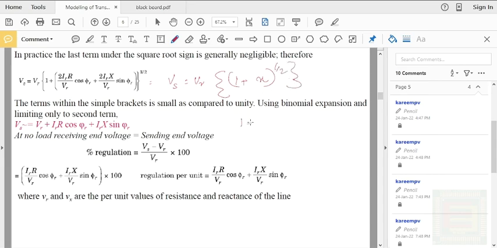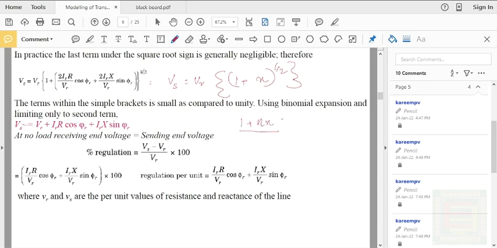It will be 1 plus nx plus n into n minus 1 by 1 into 2 x square, and it's an infinite series. So if you consider only the first term it will be 1 and the second term will be nx, and here n is half, that you might have studied in mathematics. So if you consider only two terms, it will be 1 plus nx.